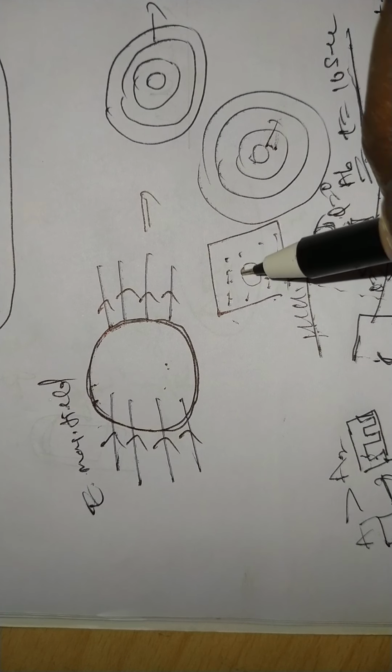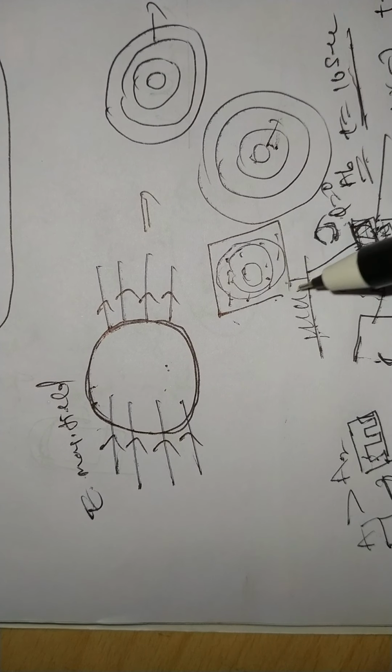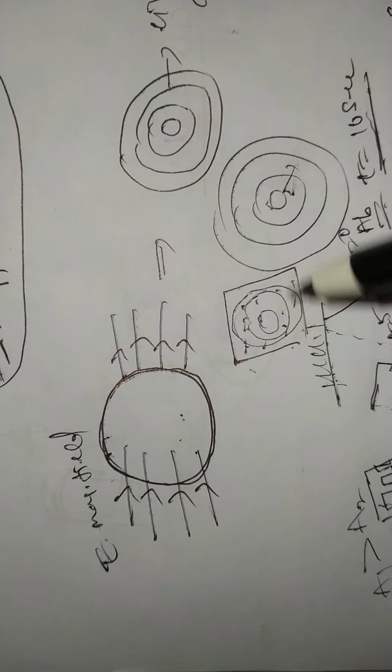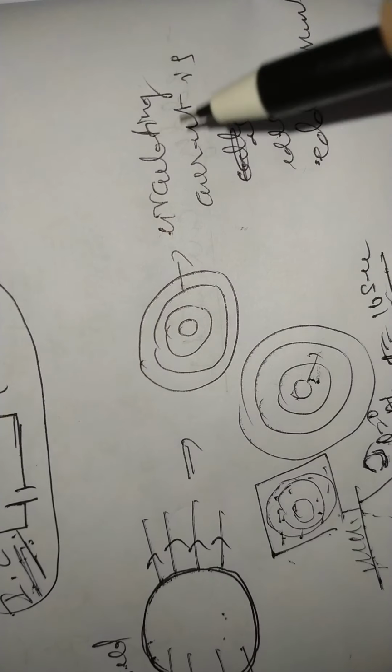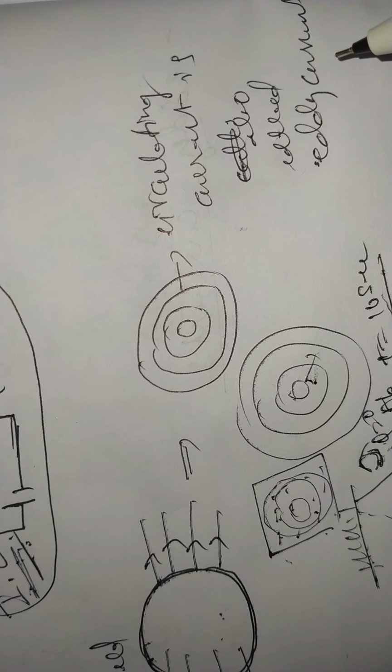These electrons are circulating, and it gives some current. This type of circulating current is also known as eddy current.